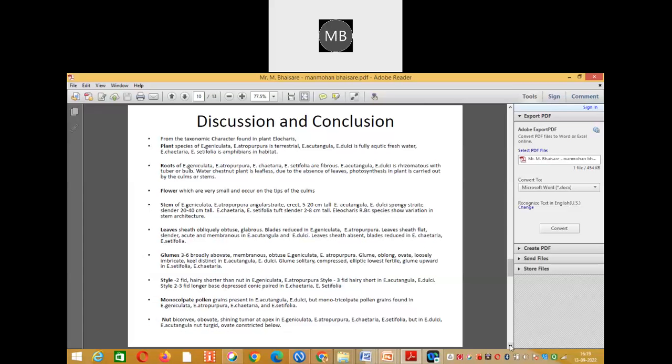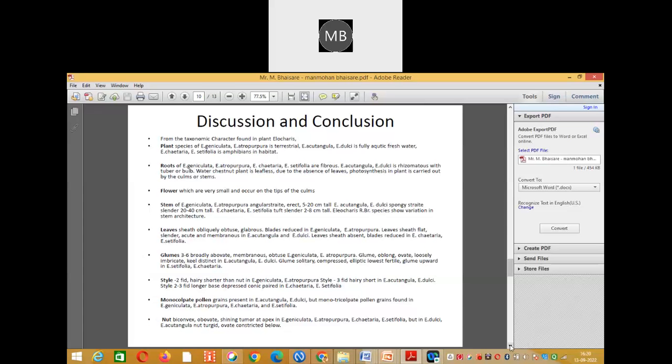But the stems of Eleocharis acutangula and dulcis are spongy, straight, slender, 20 to 40 cm tall. In Eleocharis retroflexa and Eleocharis setifolia, the stem is tough, slender, 2 to 8 cm tall. Eleocharis species show variation in stem architecture.